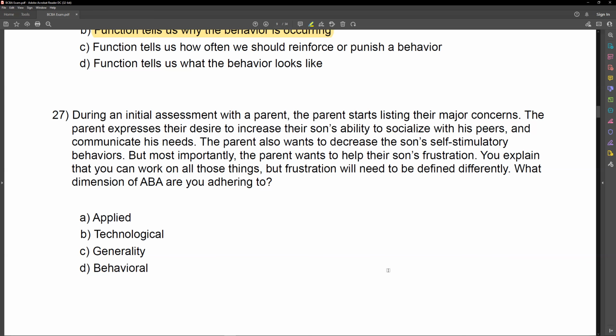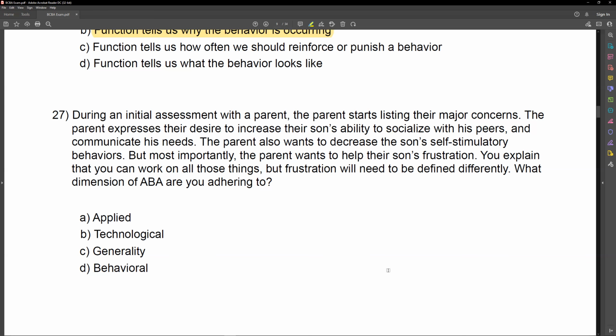B, technological. Technological means your interventions can be repeated, okay? Everything you write can be replicated. You're not designing the treatment plan here, okay? You're simply explaining we want a new definition. C, generality, okay? We're not trying to generalize anything here. Generalization is very important, but it's not the dimension you're focused on here.